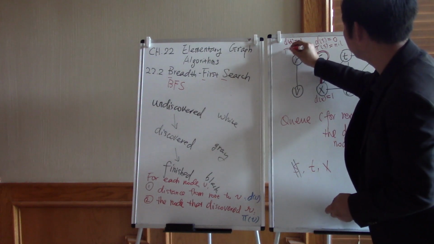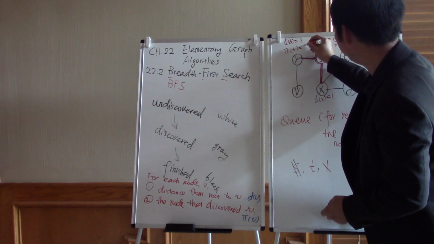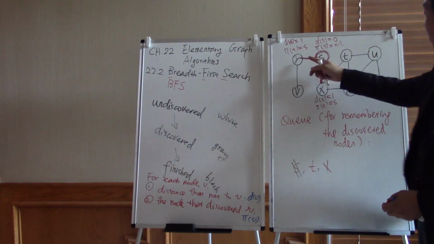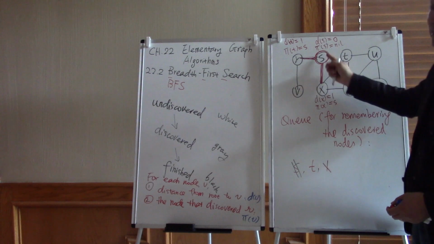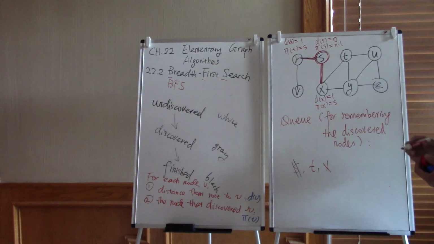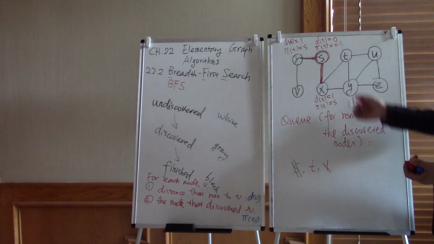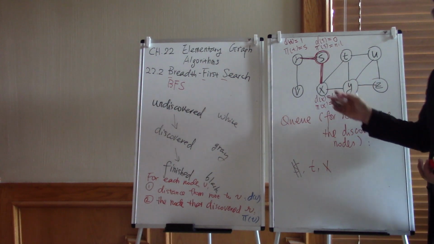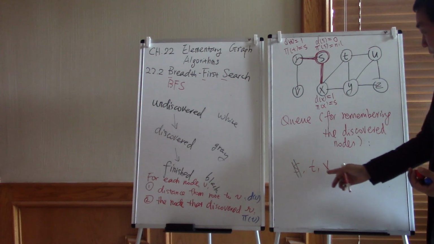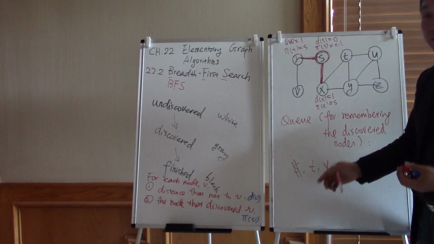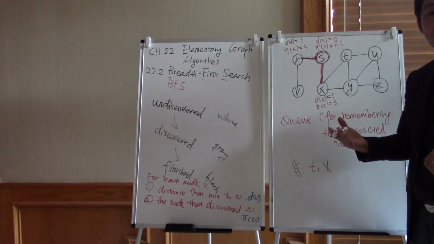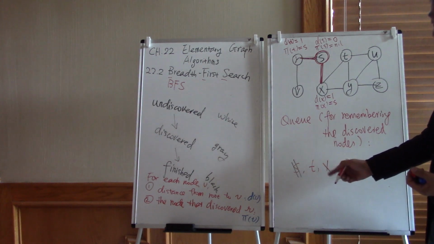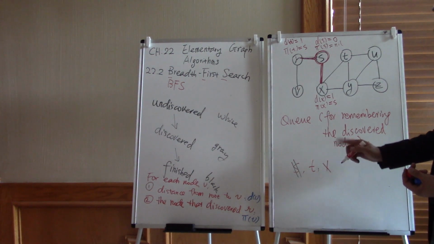And pi of T equals S, and pi of X also equals S, because S discovered them, so they came from S. Oh, I'm sorry.